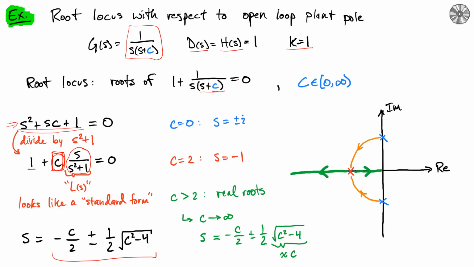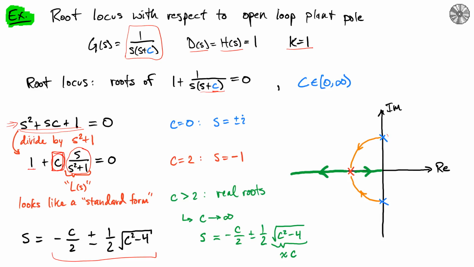And so when C is equal to 0, essentially where you have 2 poles of the open loop plant at 0, then under the radical is negative, and that simplifies to simply plus or minus i.